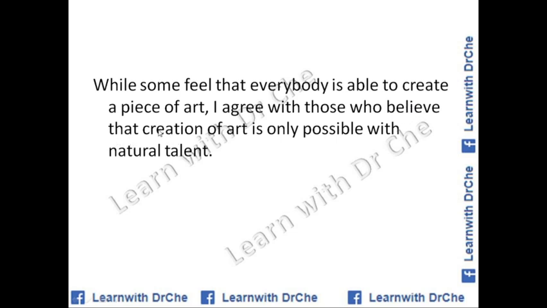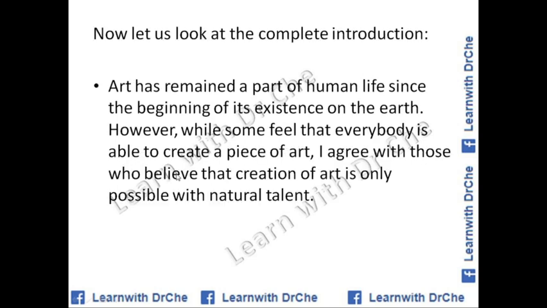There was the verb create, I have changed it into the noun form. Creation of art is only possible. There was the word only, is only possible with natural talent. There was a long phrase, I have changed it into a short phrase, natural talent. So this is paraphrasing. Now let us look at the complete introduction.